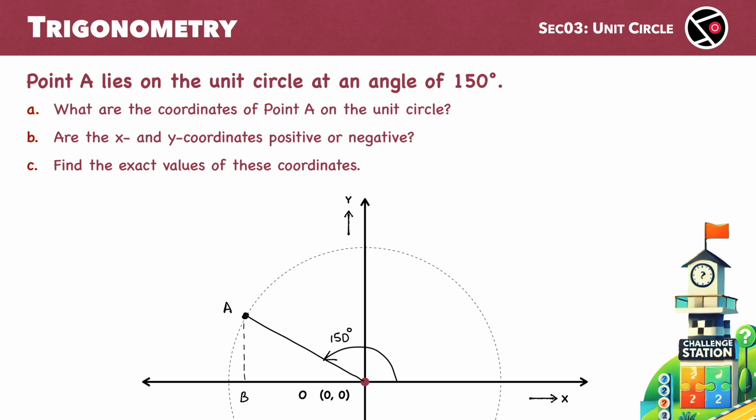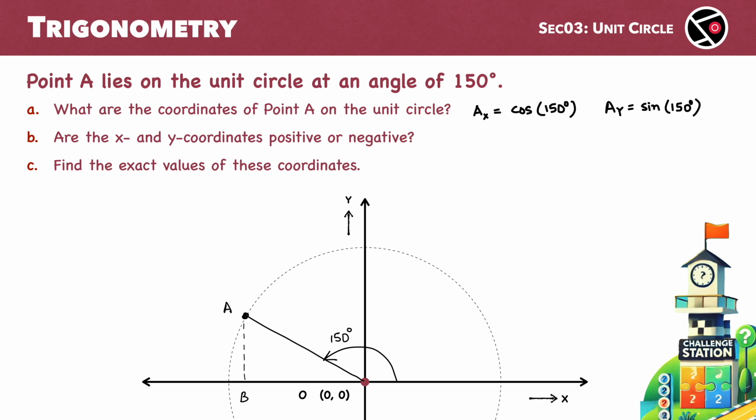It's actually quite straightforward. The x-coordinate will be cos 150 degrees, and the y-coordinate will be sin 150 degrees. Just remember, if a point lies on the unit circle at an angle theta, then its coordinates are cos theta, sin theta. That's it.